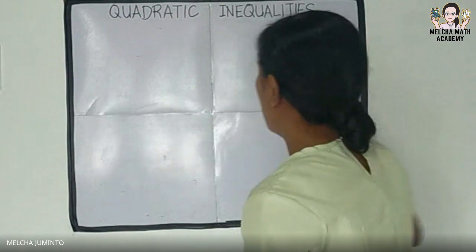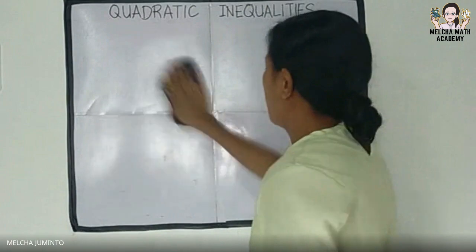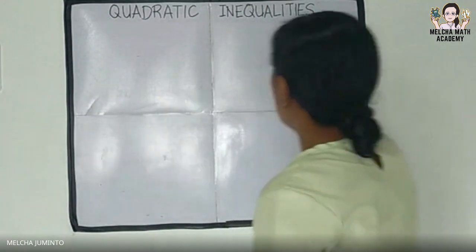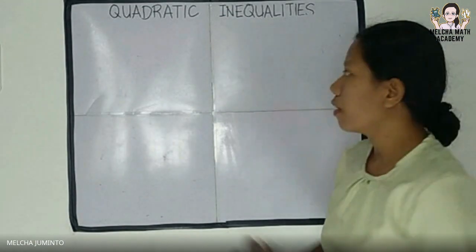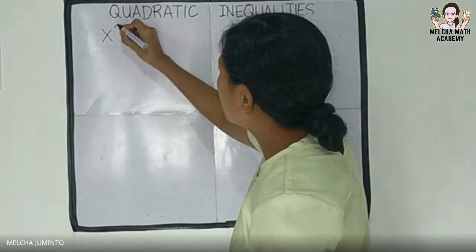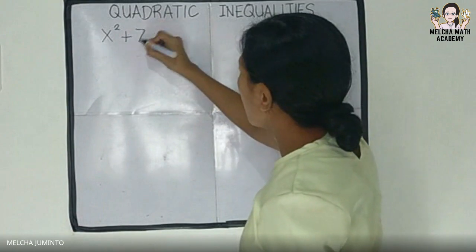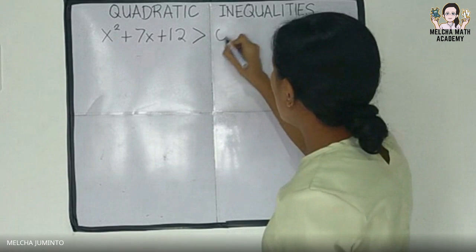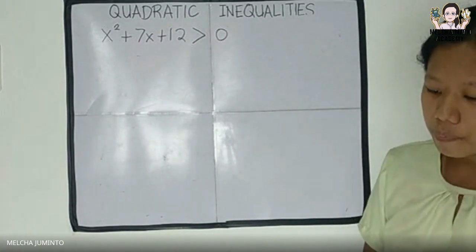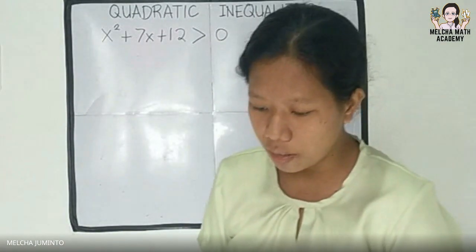So I already erased the first statements. Next, for example, the given statement is x squared plus 7x plus 12 is greater than 0. So that is the given quadratic inequality.